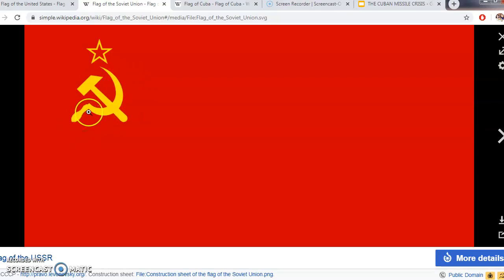You're going to see this a lot in the background, in images, and they're going to ask you to identify what the symbol stands for, or why the symbol is there. If you see it, it means that the USSR, the Soviet Union, was involved.